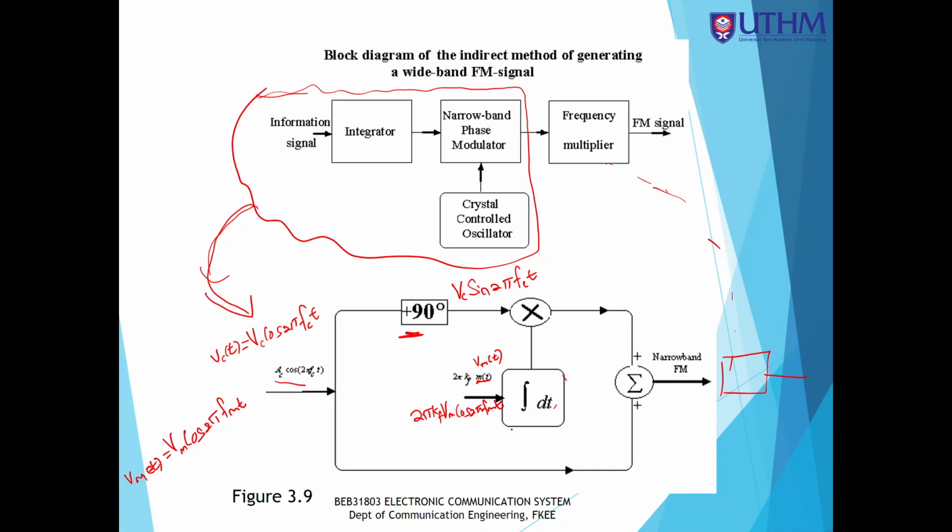So we produce 2 pi kf Vm sine 2 pi Fmt divided by 2 pi Fm.